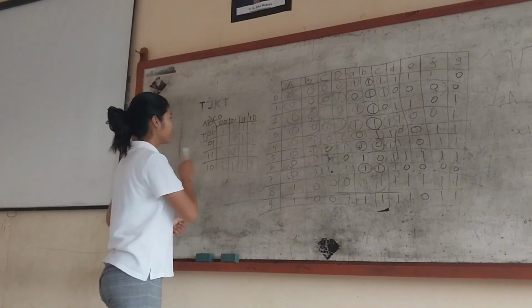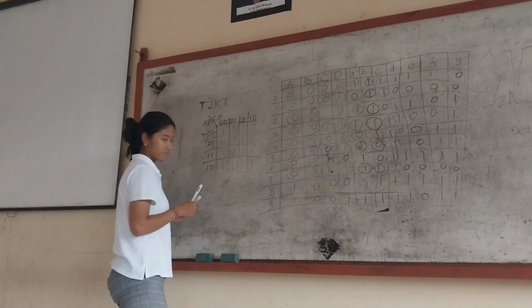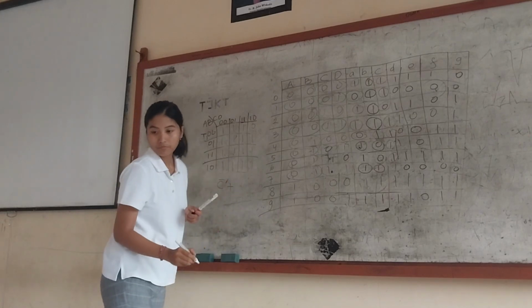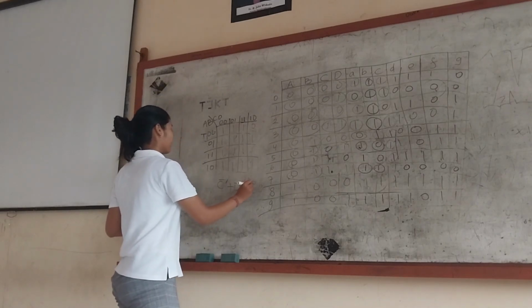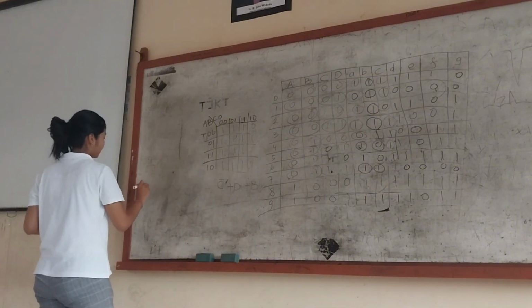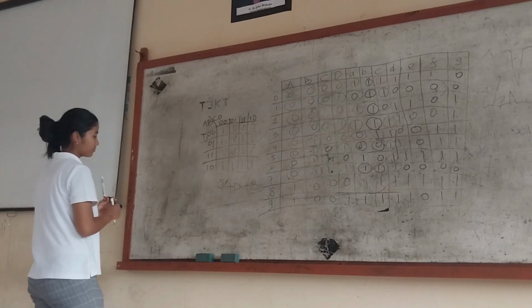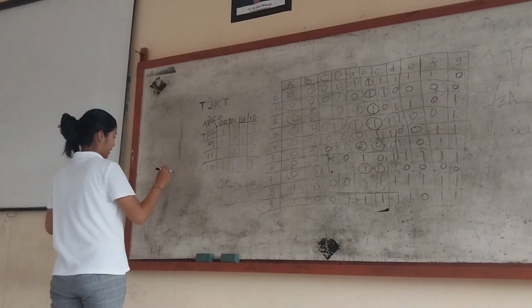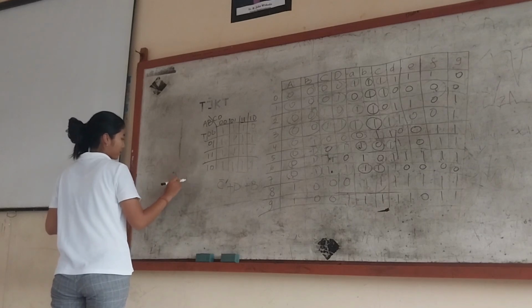According to Logisim, in here we have three things, and this is the simplified. In here we need three variables and one OR gate.